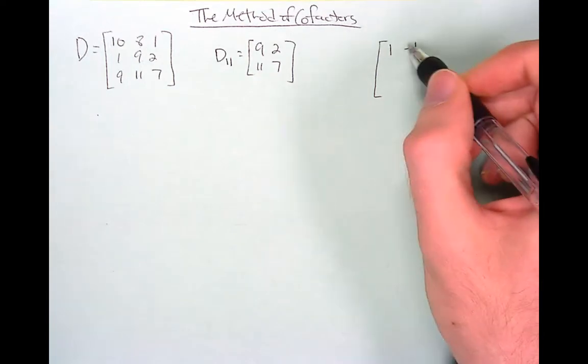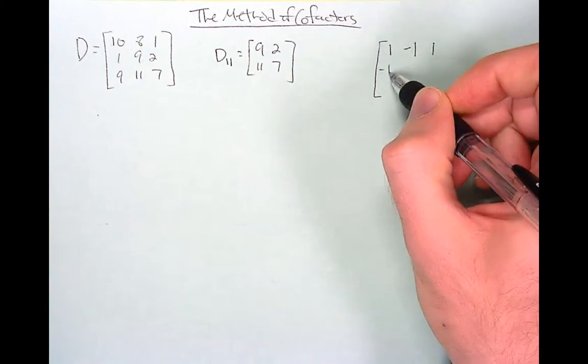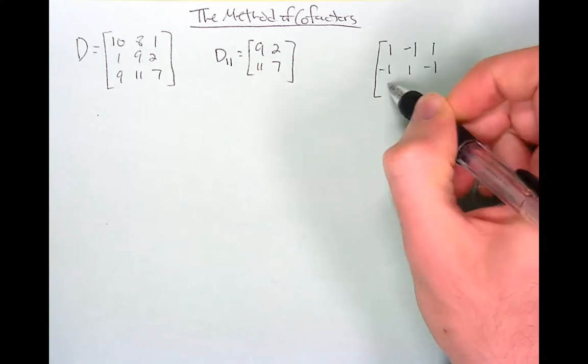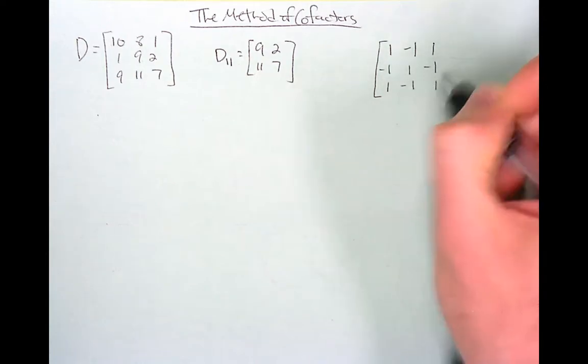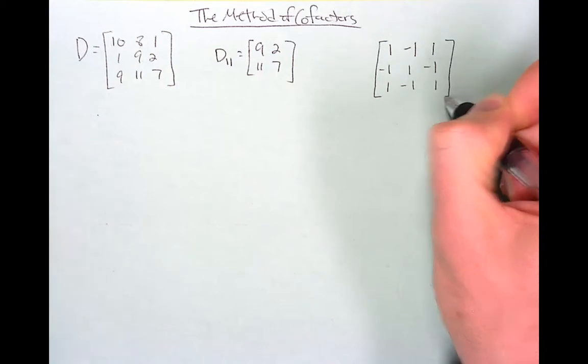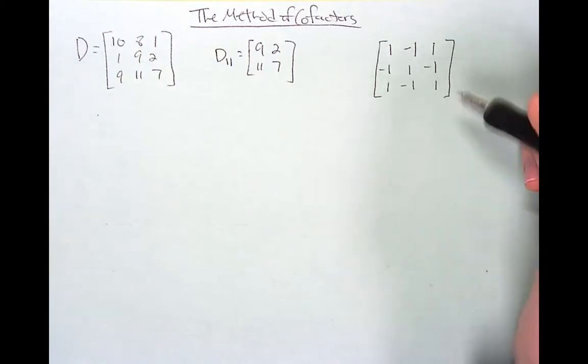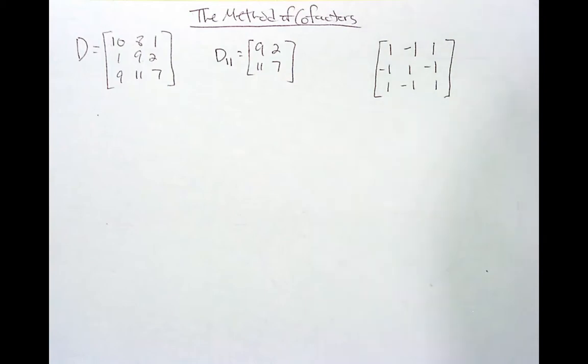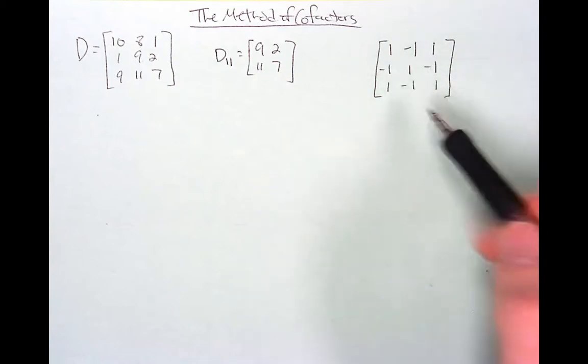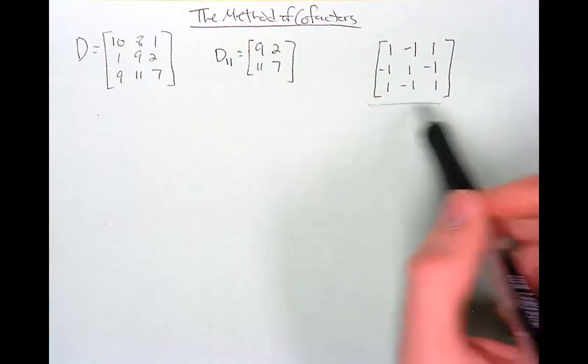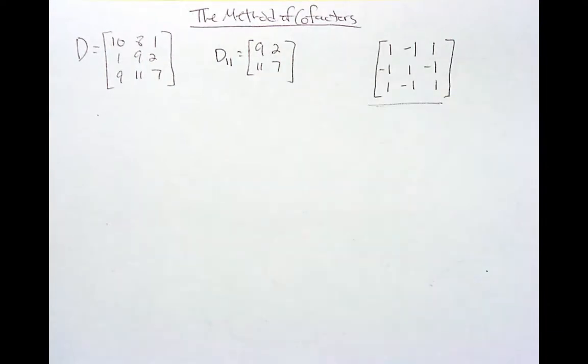So it's 1, negative 1, 1, negative 1, 1, negative 1, 1, negative 1, 1, since this is a 3x3 matrix D that we're working with. So it's kind of like a checkerboard pattern there, and this is something that you should remember for the method of cofactors. So I'm going to show you how this actually applies.